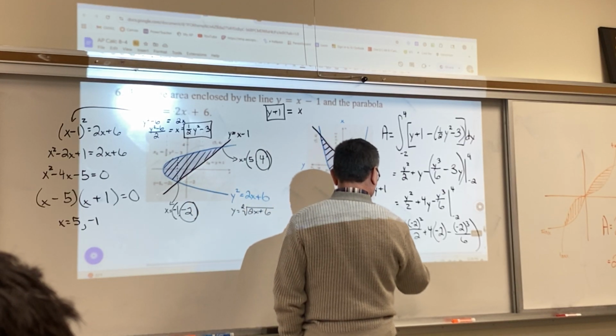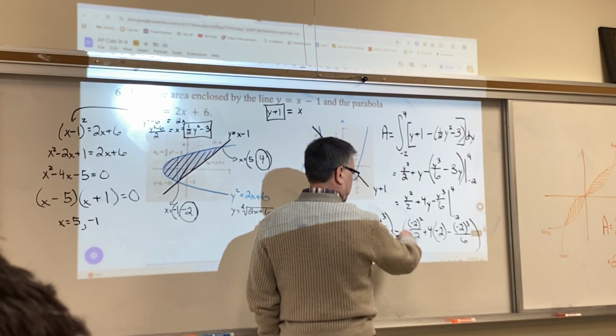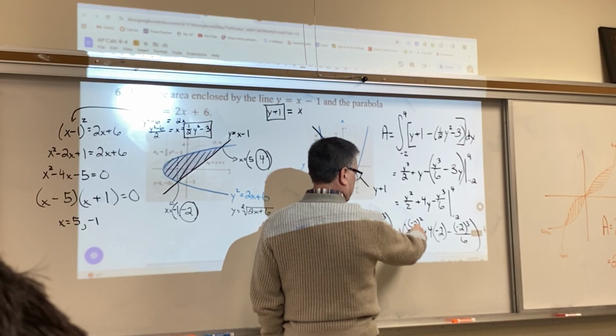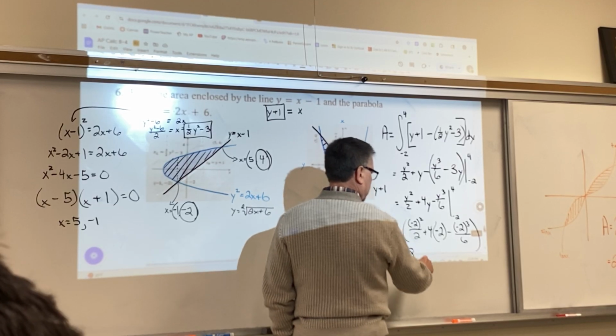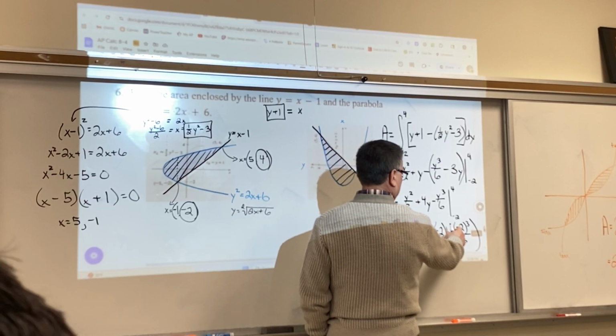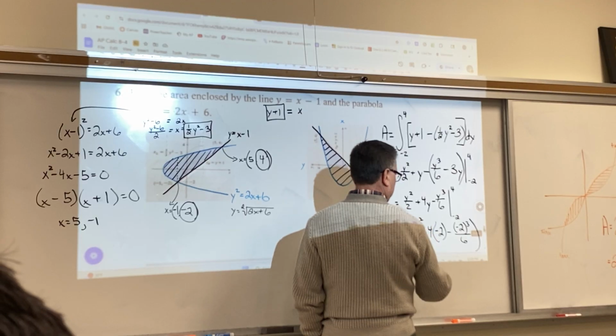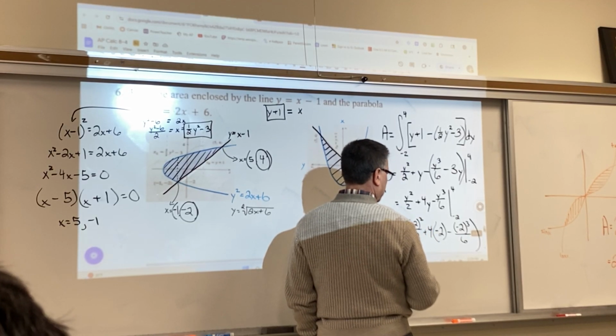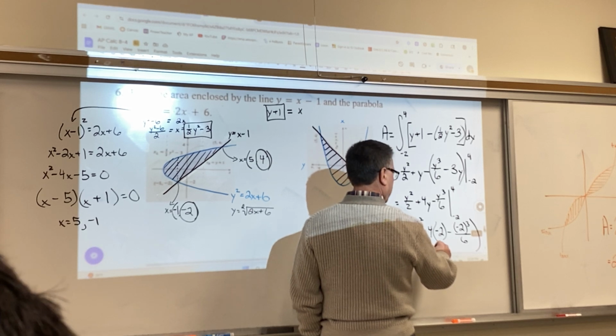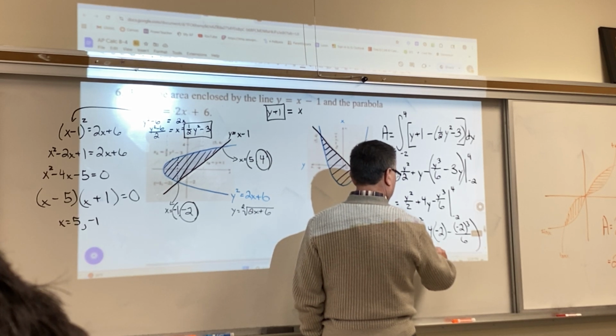And then I got minus to do all this stuff in here first. Negative times a negative is positive, that's 4 over 2 is 2. Minus 8. 1, 2, 3, 4, negative signs. So that's gonna be 2 times 2 is 4 times 2 is 8 over 6. Well, 8 over 6 is 4 over 3.